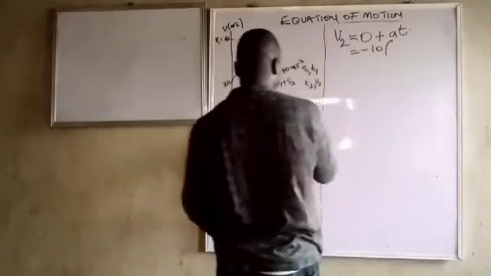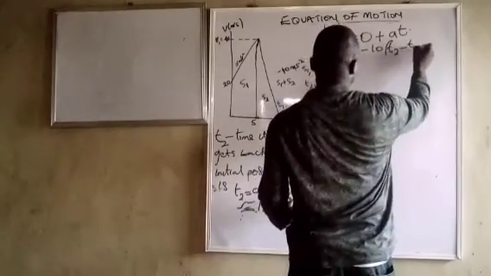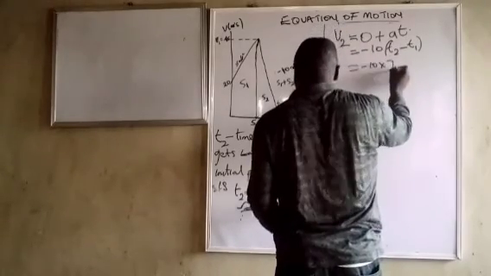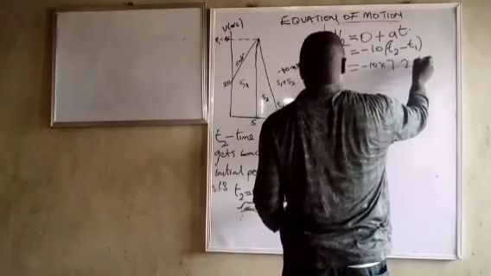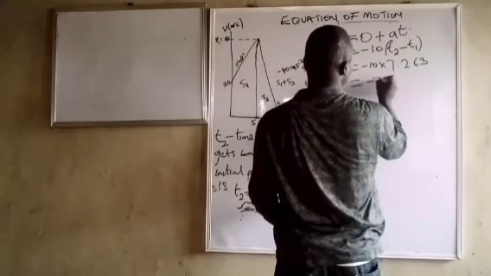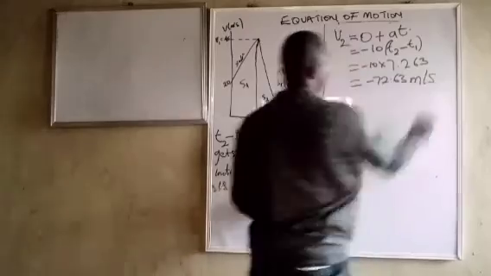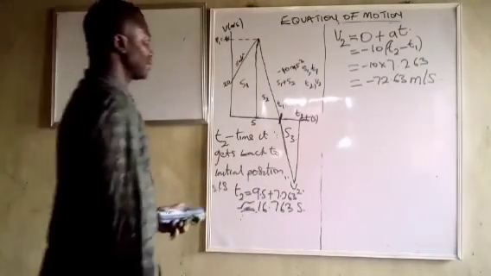We calculated it the other time. That is T2 minus T1. Minus 10 times 7.263, which is minus 72.63 meters per second. That is how to get that.